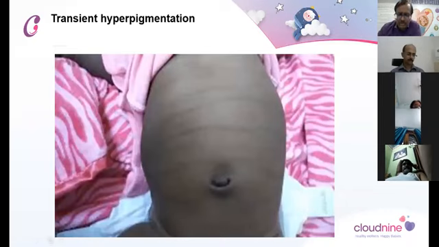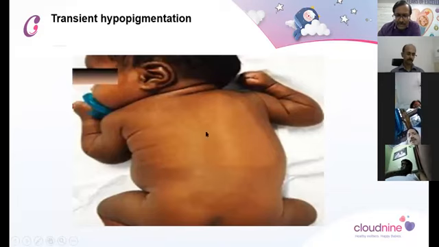And there are two other transient lesions. One is hyperpigmentation. You can see linear hyperpigmentation here, which will also disappear in a few weeks. And this is hypopigmentation. This is more commonly seen in parents with dark complexion.